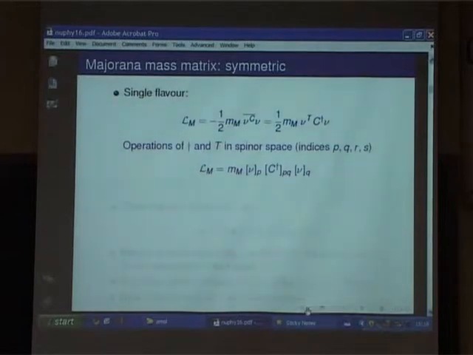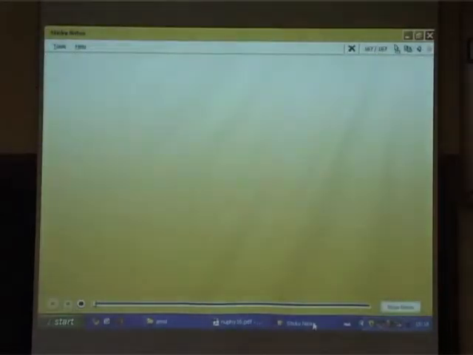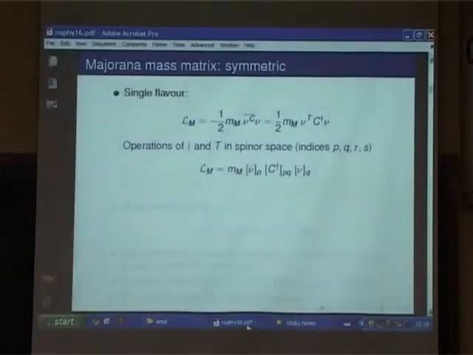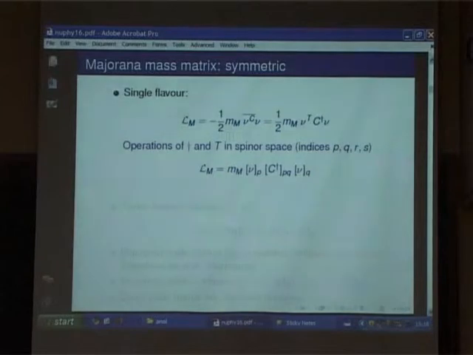The nu^c bar, for example, was by definition minus nu transpose C. Let me put this part in, and then the same term becomes half M nu transpose C dagger nu.